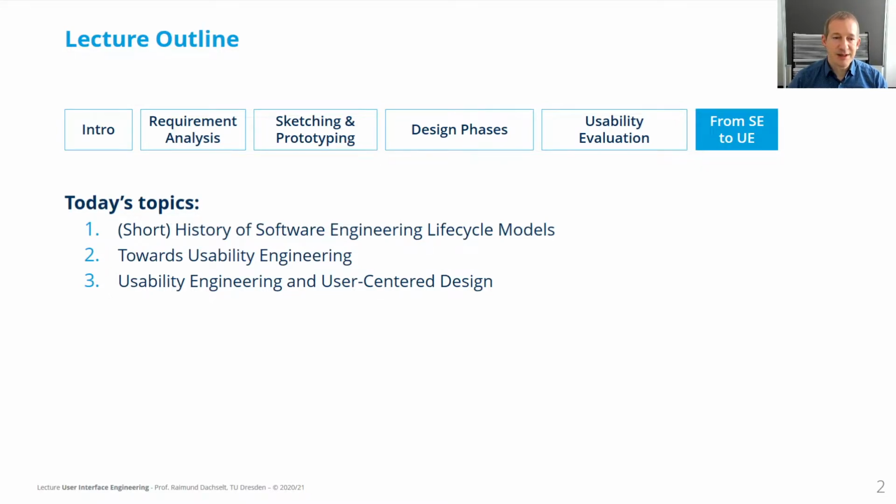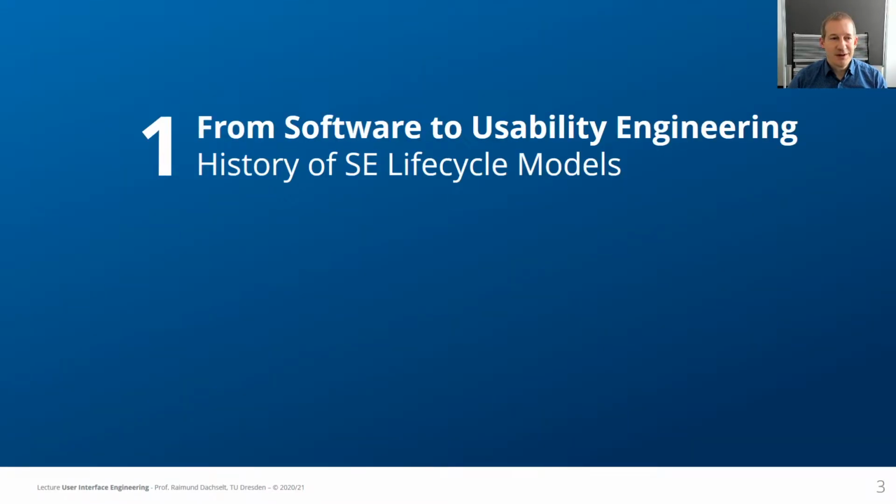And then I talk a little bit about usability engineering methods, to give an overview and to compare some of them to you, and I talk about user-centered design as a further development. So let's start with some historical treatment, the history of software engineering lifecycle models.